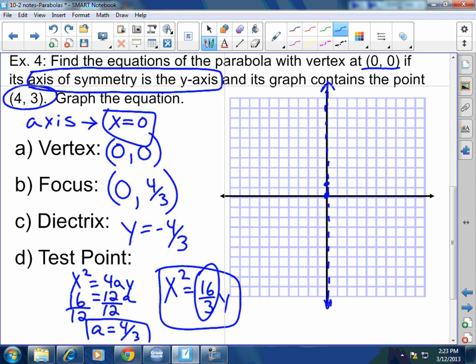Yeah. So 8/3 to the right, 8/3 is 2 2/3. So that's about there. 2 2/3 to the left, 1, 2, 2 2/3 there. My directrix is y equals negative 4/3, which is 1 1/3 negative. And there's my graph.